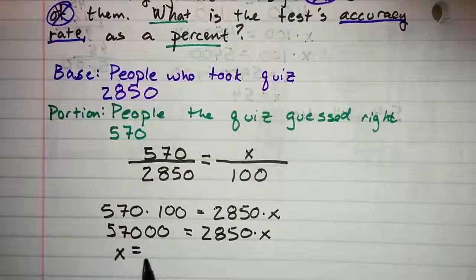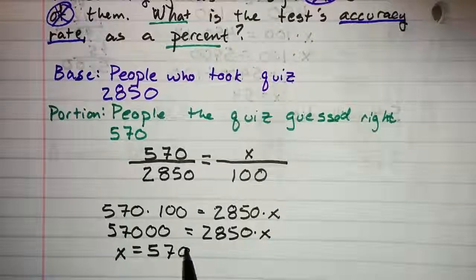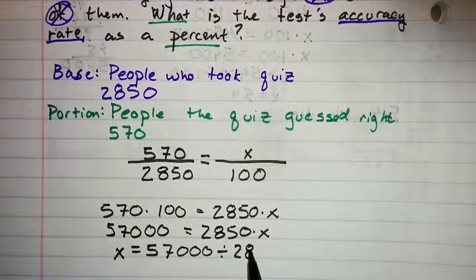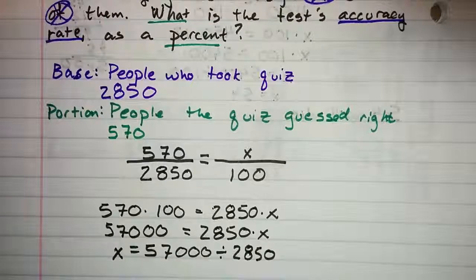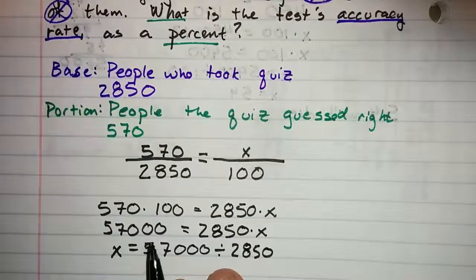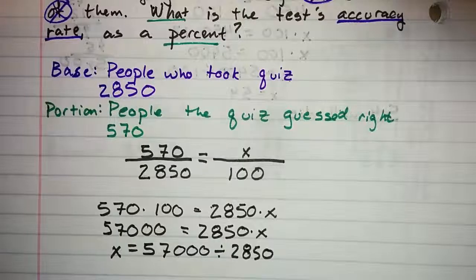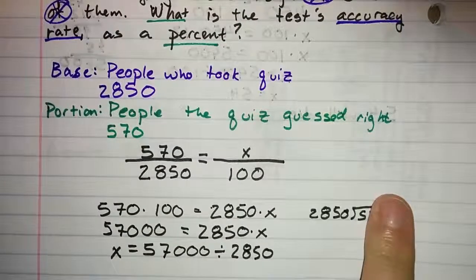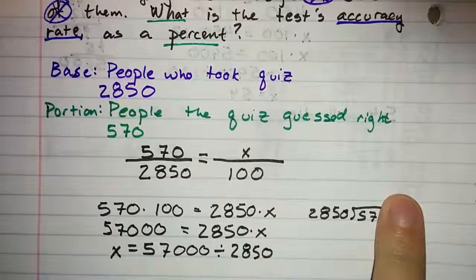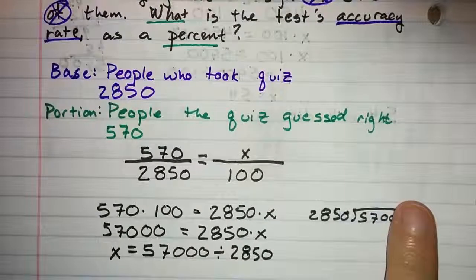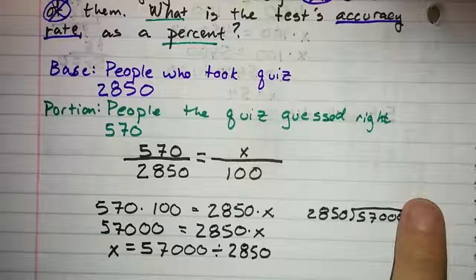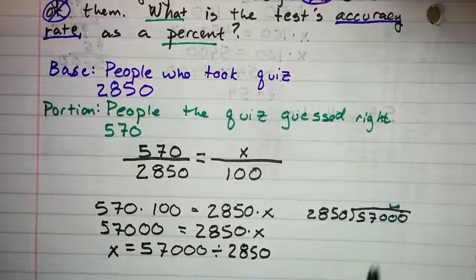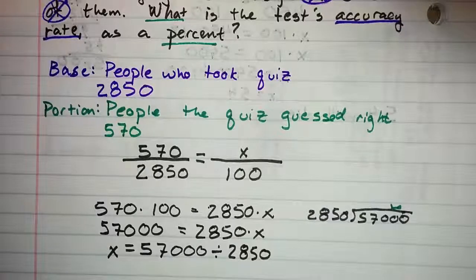X is going to be this number, 57,000, divided by 2,850. And now we have to do this division, and I promise I cooked these numbers so it'll work out nice. Okay, 2,850 doesn't go into 5, doesn't go into 57, doesn't go into 570, must go into 5,700. And I'm going to mark this place so I don't get lost.